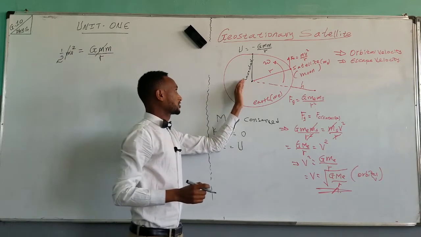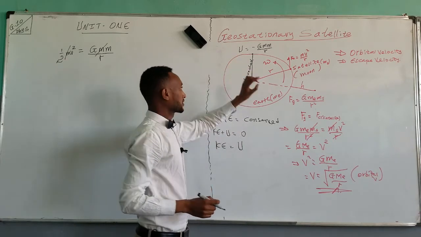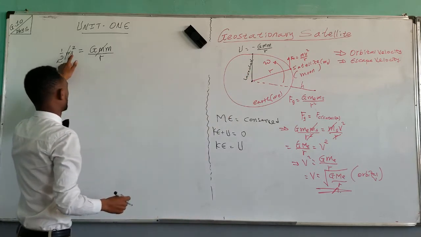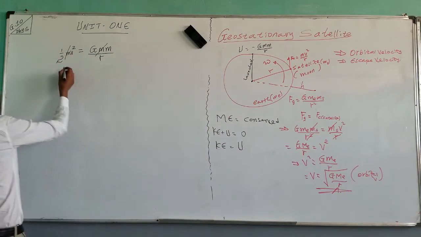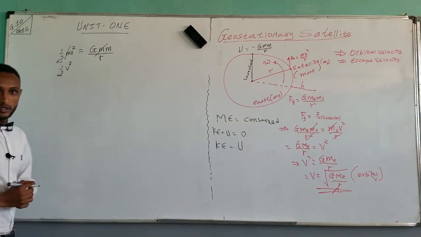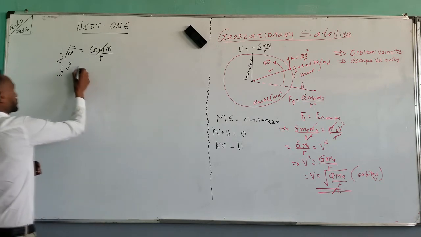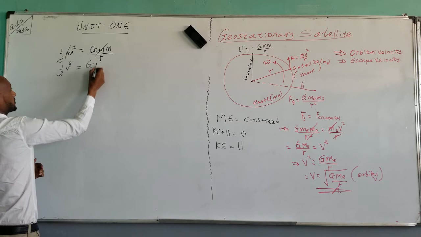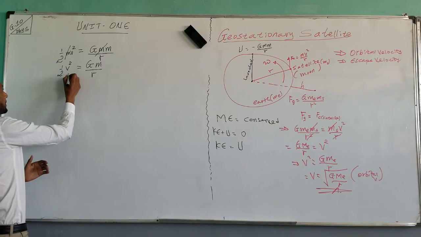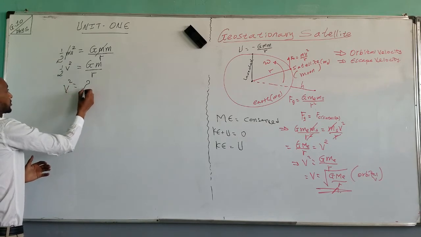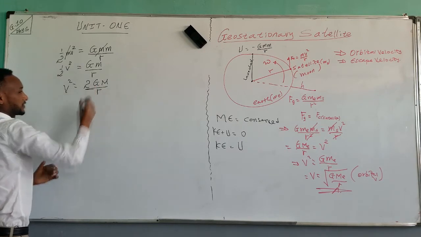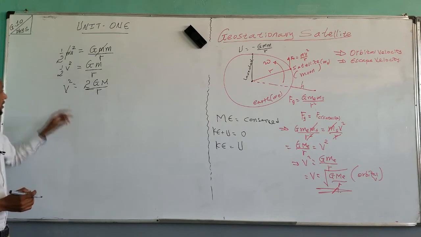If the satellite is launched out from here, its kinetic energy depends on the speed. Since the mass is constant, half of the speed squared by which the satellite is launched out is equal to the gravitational constant times the mass of the Earth over the distance between them. Now the speed squared is equal to twice the gravitational constant times the mass of the Earth over the distance between them.